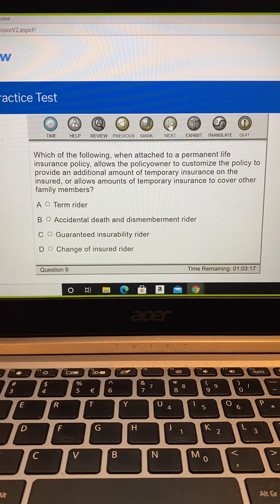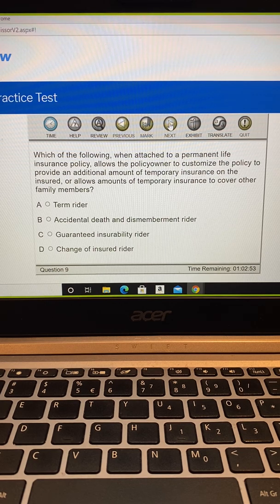Guaranteed insurability, or term rider? The answer is term rider.